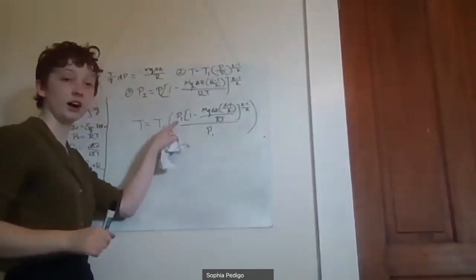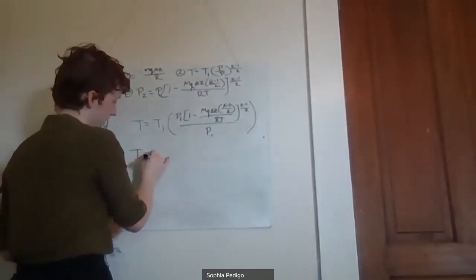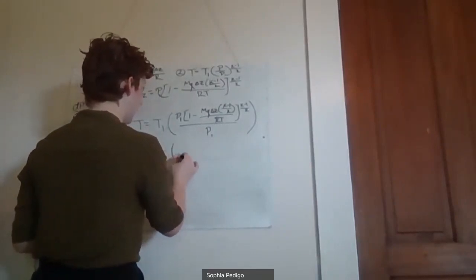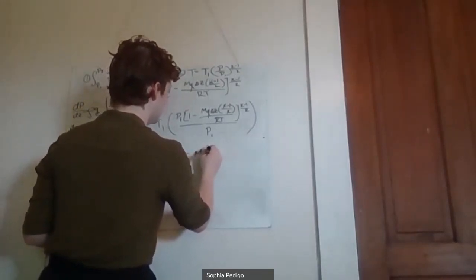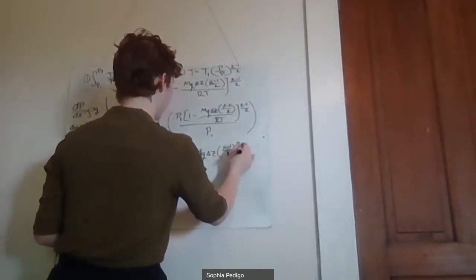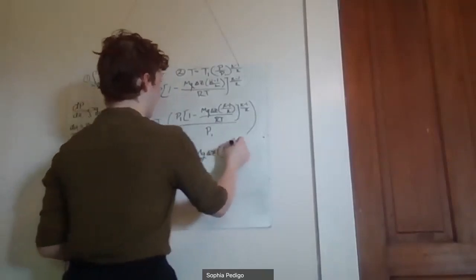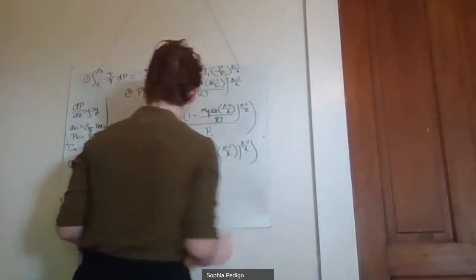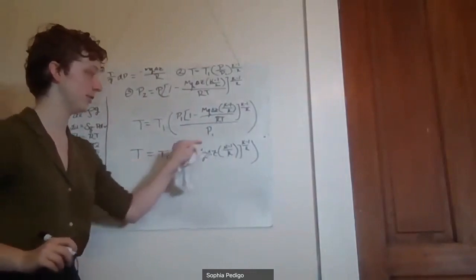Then our initial pressures cancel out and we are left with T equals T1 multiplied by 1 minus mg delta z K minus 1 over K raised to, let's see, I'll put the brackets in, K minus 1 over K. And that is our expression which shows the variation in temperature with altitude.